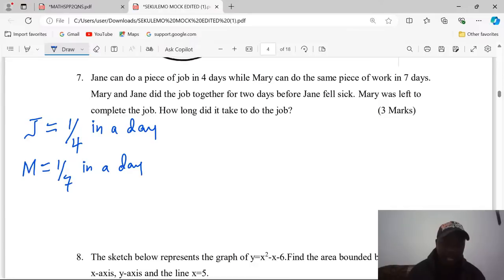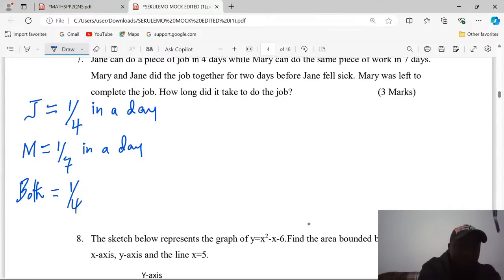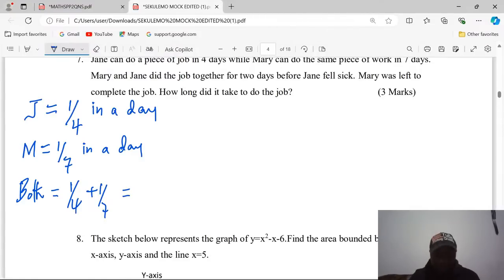Jane working 4 days, she works a quarter each day, and that's why she requires 4 days. Each day, Mary works a seventh. That means when both of them are working combined, we take a quarter and a seventh, which gives us 11/28.